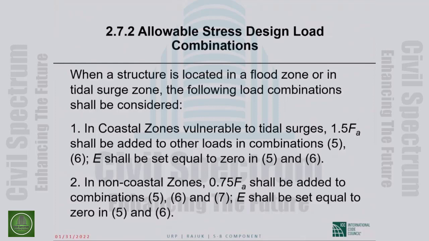In non-coastal zones, this would be flooding, etc., caused by the rivers. 0.75 F sub A shall be added to combinations 5, 6, and 7 in this case. E shall be set equal to 0. Now, this I will not get into all that much because F sub A, as I mentioned, is quite difficult to determine.